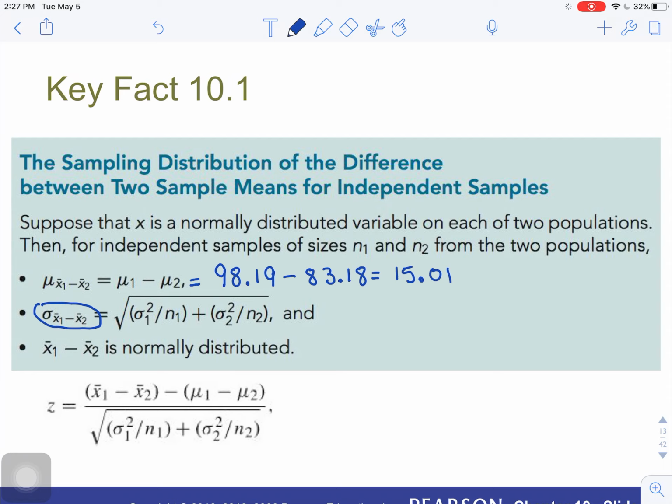But just know that this is the equation that you're going to be using when you're trying to find our population standard deviation of our 2 samples. We also have to make sure that both population 1 and population 2 are normally distributed, or the two samples that we collect for our different populations.